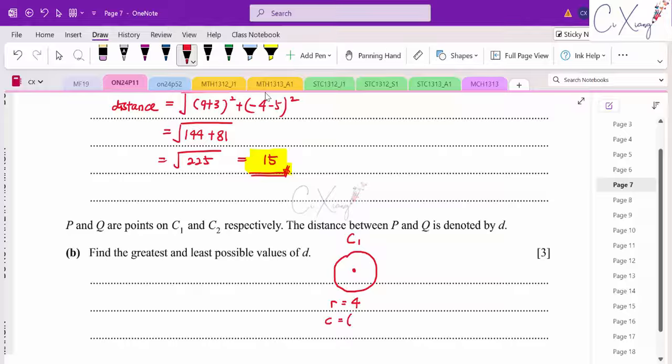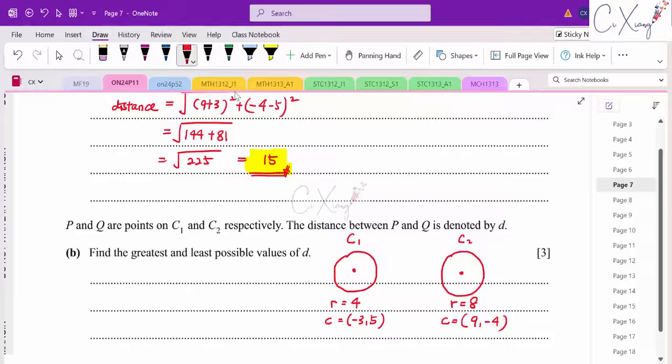Then after that we are having another circle, C2. For C2, I know that the radius is equal to 8. Then the center is equal to (9, −4).